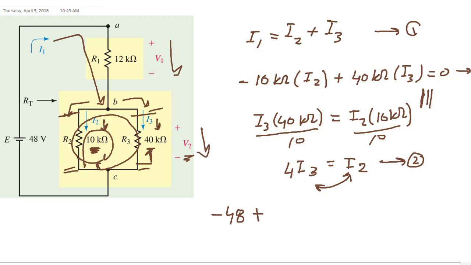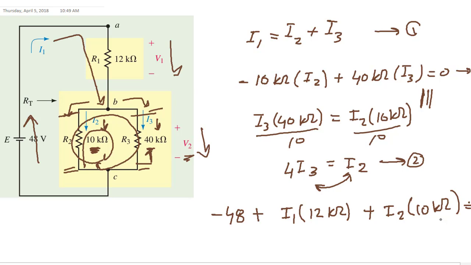So the 48 is a voltage rise. This is a voltage drop, and that is I1 multiplied by 12 kilo ohms plus I2 multiplied by 10 kilo ohms. And the whole thing is equal to 0.